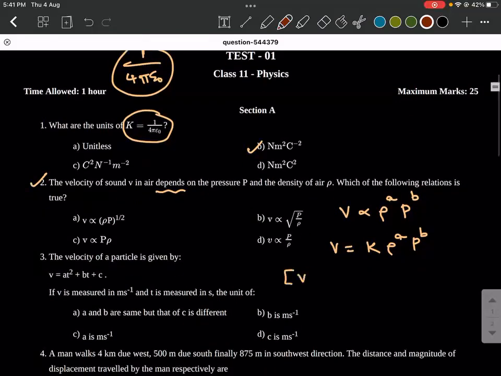So you write the dimensional formula of V is equal to the dimensional formula of rho raised to the power A into the dimensional formula of pressure raised to the power B. Right now, fill in this step.